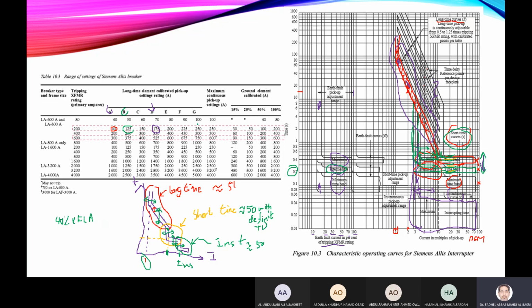Here it is 25% and here 50%, so I'll choose 50% directly. So my ground over current protection is 50% of the long time pickup setting, delayed by the intermediate band, because that will give me a 0.2 second time delay. And that's it, I'm done with the ground fault protection for this.